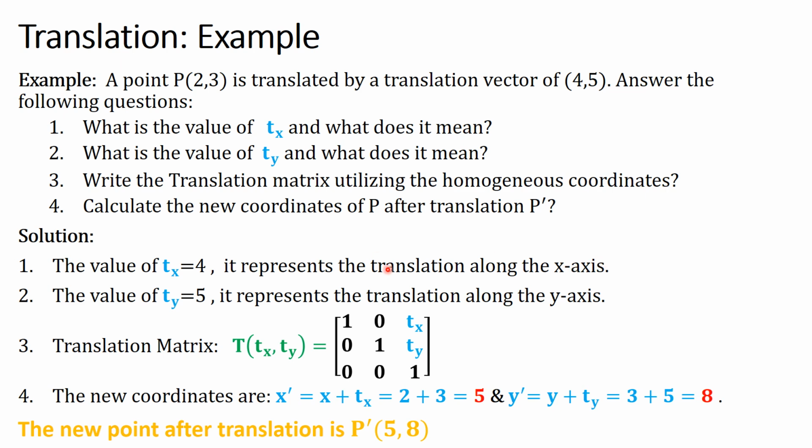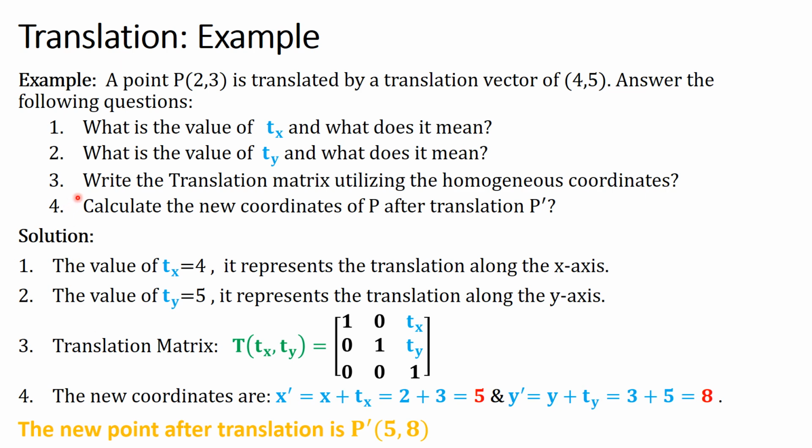The second question: what is the value of ty and what does it mean? The value of ty equals 5, because this is the translation vector. It represents the translation along the y-axis.